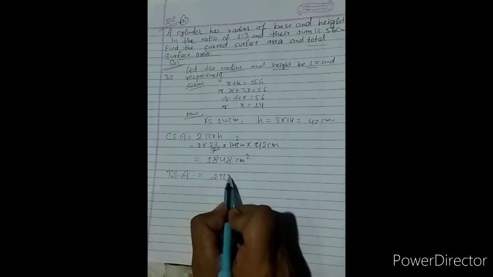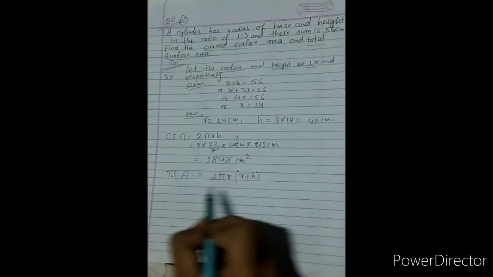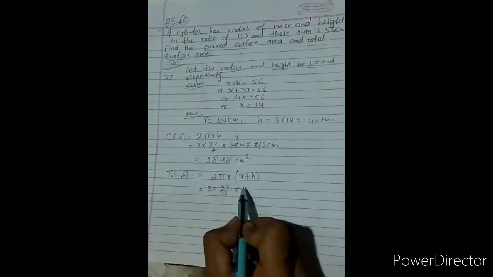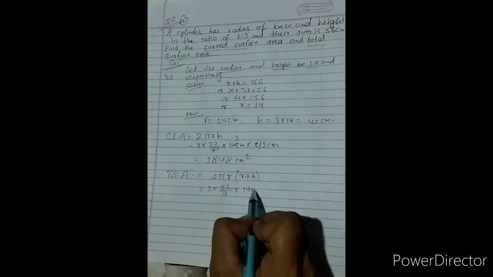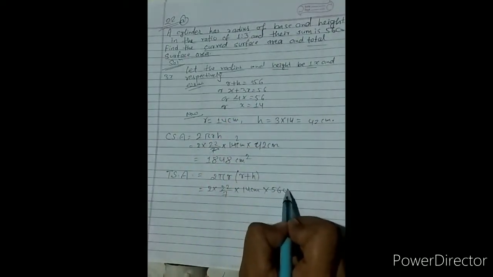Formula of TSA is 2 into pi into R plus H. 2 into 22 by 7 into value of R is 14 and R plus H is 56.